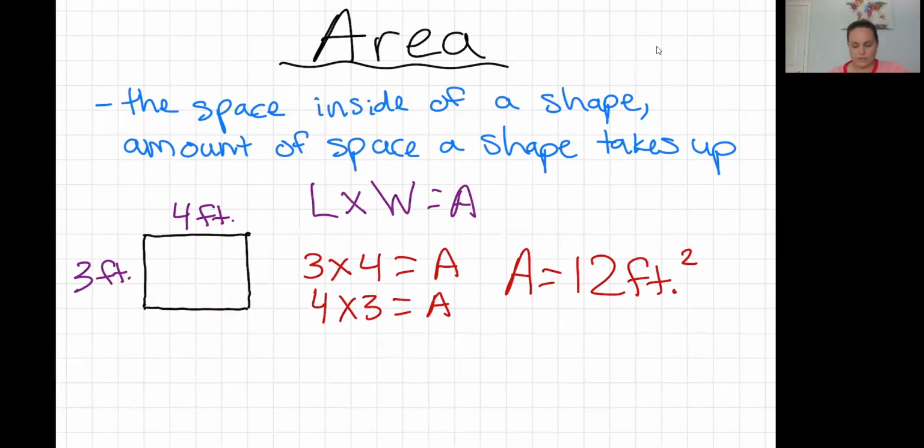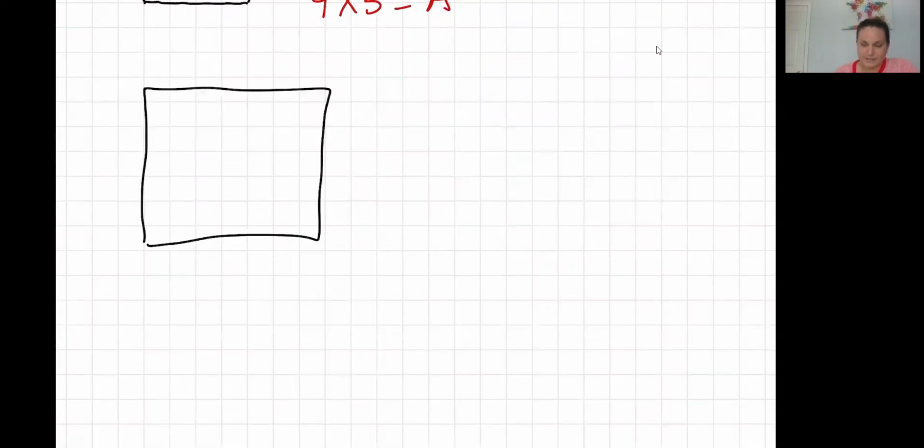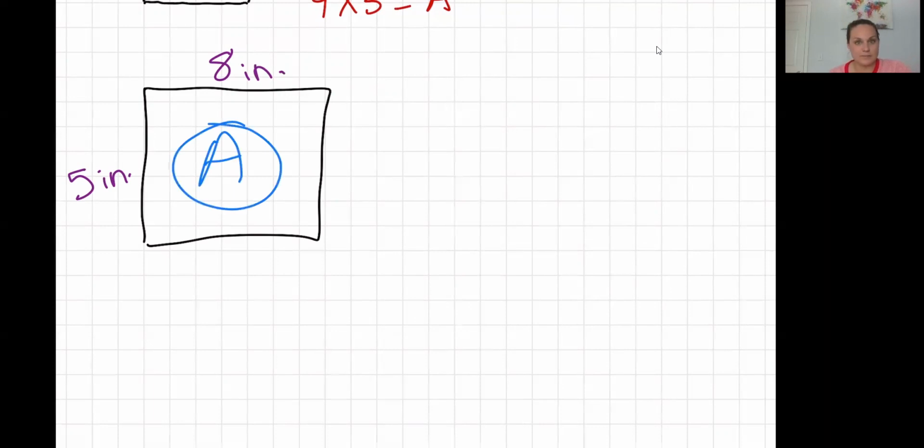Okay, so let's do another practice one. So if we've got a shape that looks like this, and these won't be quite as exact anymore. This one has a side of 5 inches and the top is 8 inches. And we want to find the area, that space inside of the shape.